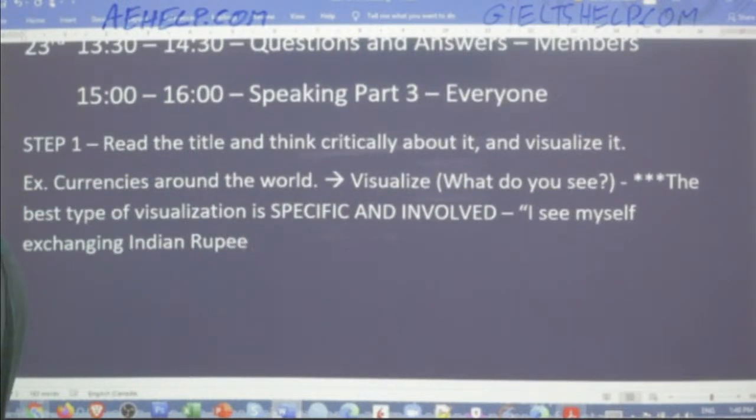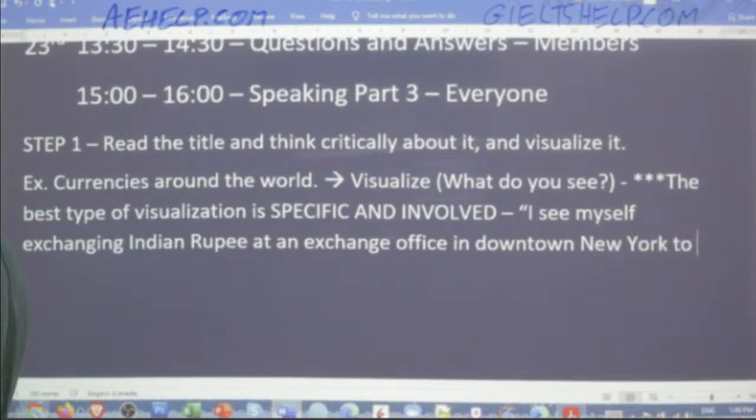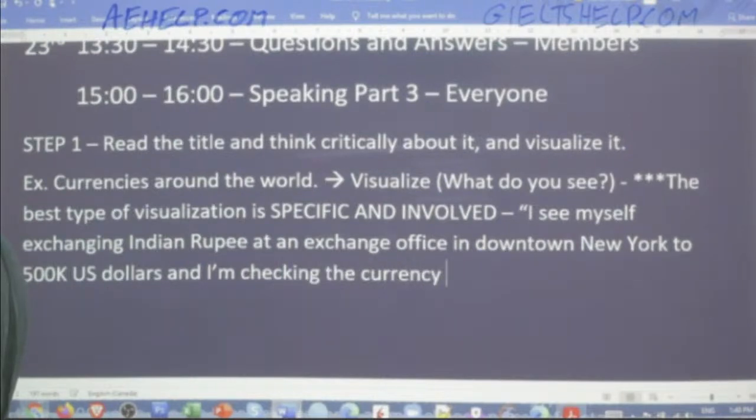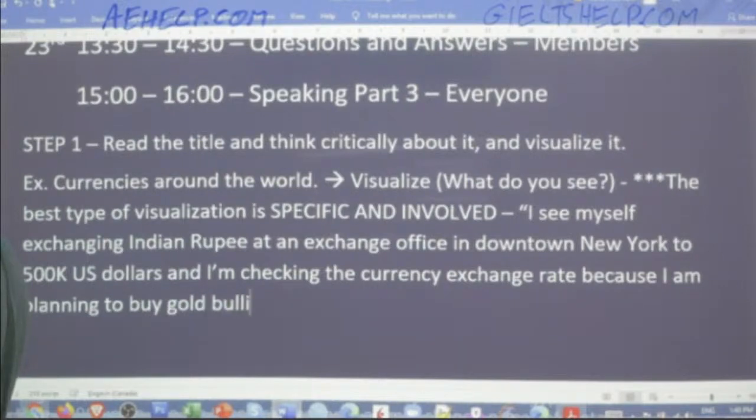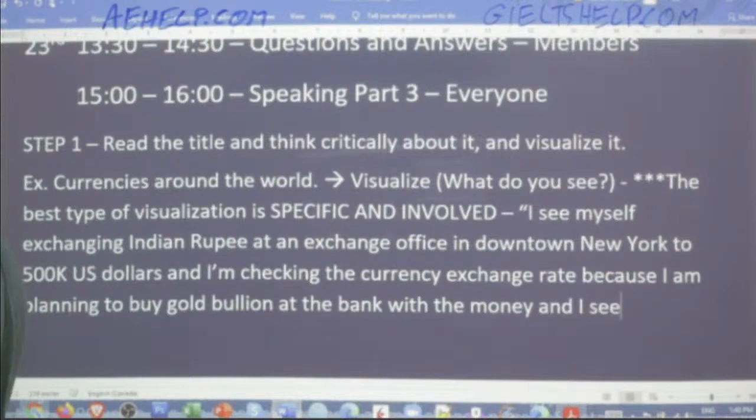I see myself exchanging Indian rupee at an exchange office in downtown New York to 500,000 US dollars, and I'm checking the currency exchange rate because I am planning to buy gold bullion at the bank with the money, and I see my Visa credit card in my wallet as I check this.